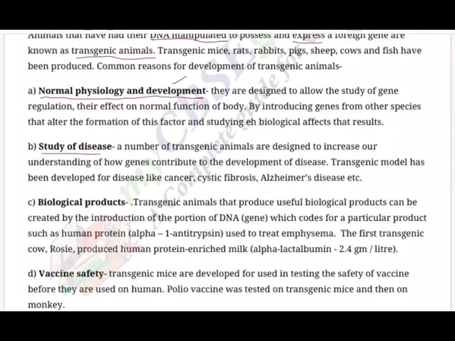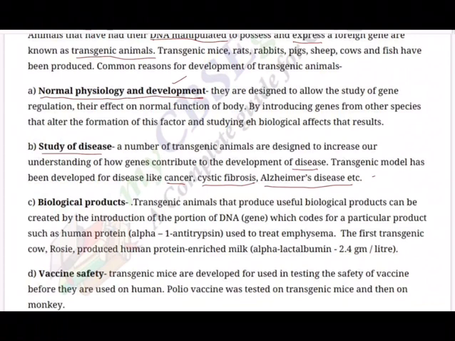Second, study of disease. A number of transgenic animals are designed to increase our understanding of how genes contribute to the development of a disease. Transgenic models have been developed for diseases like cancer, cystic fibrosis, Alzheimer's disease, etc. So many transgenic animals are designed to increase understanding of a gene's contribution to the development of a disease, how diseases are caused and how they spread, what is the gene that is responsible for this.